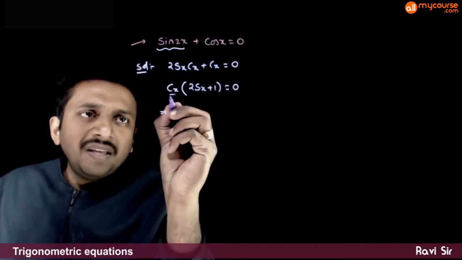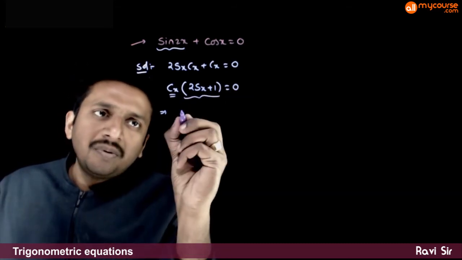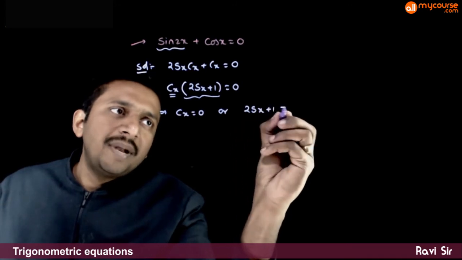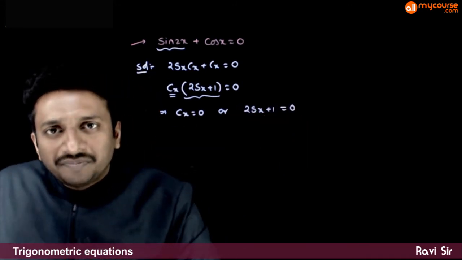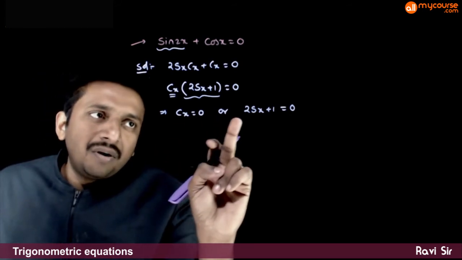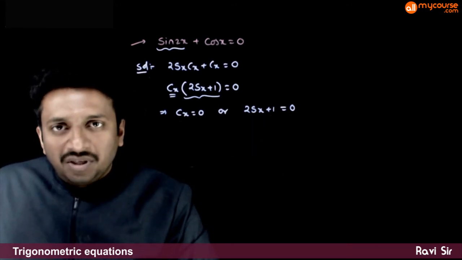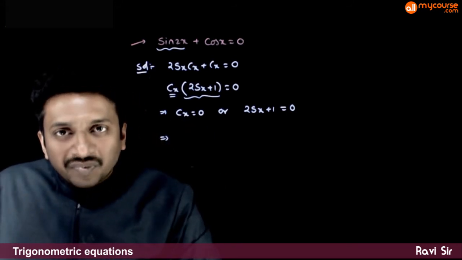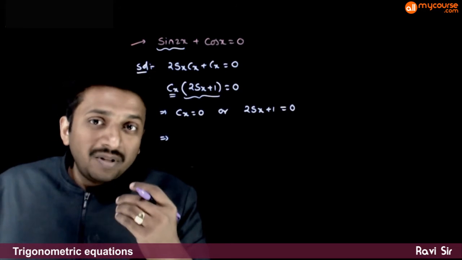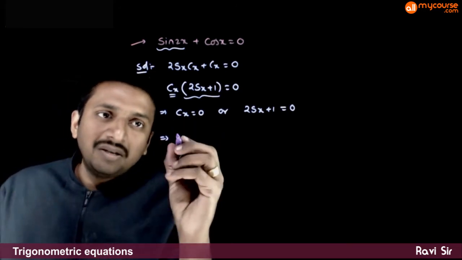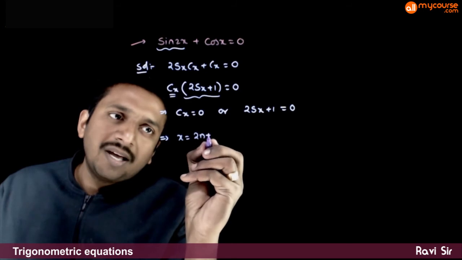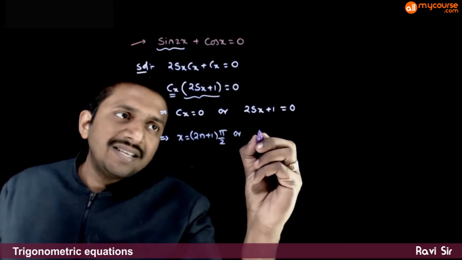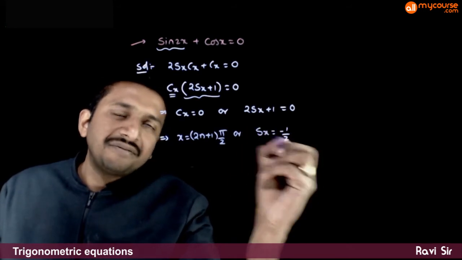So something into something is equal to 0 implies either cos x is equal to 0 or 2 sin x plus 1 is equal to 0. What is the general solution of cos x is equal to 0? We've already derived this. The odd multiples of pi by 2 satisfy this equation. So x is equal to (2n plus 1) times pi by 2, or sin x is equal to minus half.